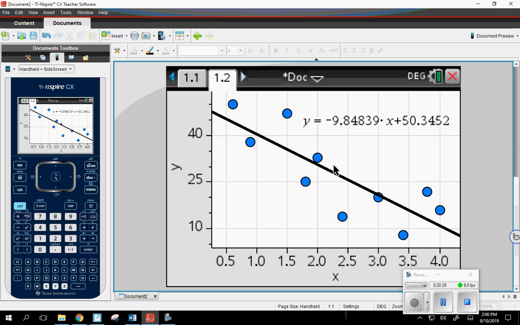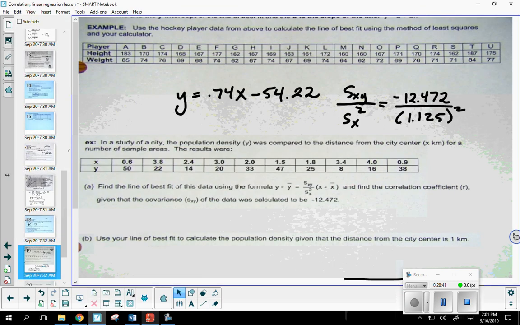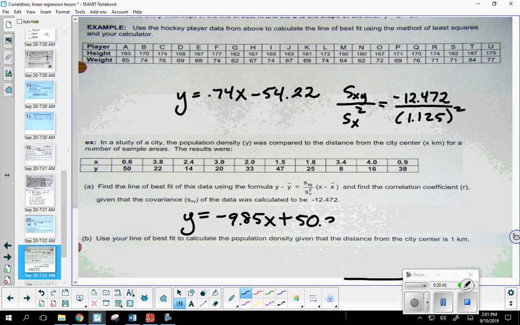So that ratio does work. It's another way to calculate your slope. What we end up with here is y equal to negative 9.85x plus 50.35. Is that right? Okay.